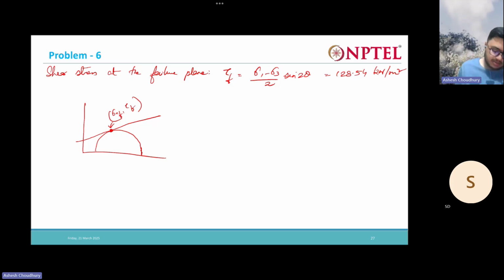Now, what is the maximum shear stress? The maximum shear stress is nothing but the radius of the circle, this point. So what is the maximum? It will be nothing but sigma 1 minus sigma 3 by 2.